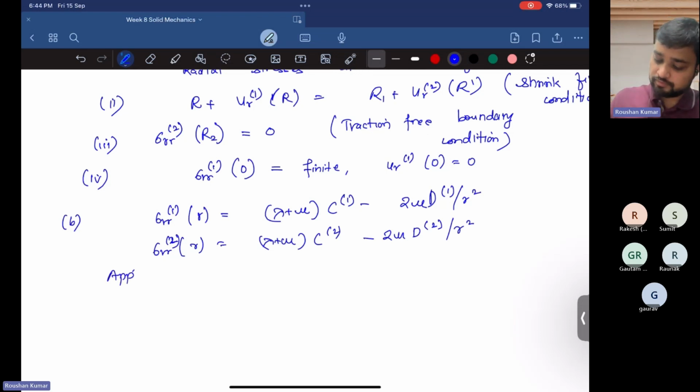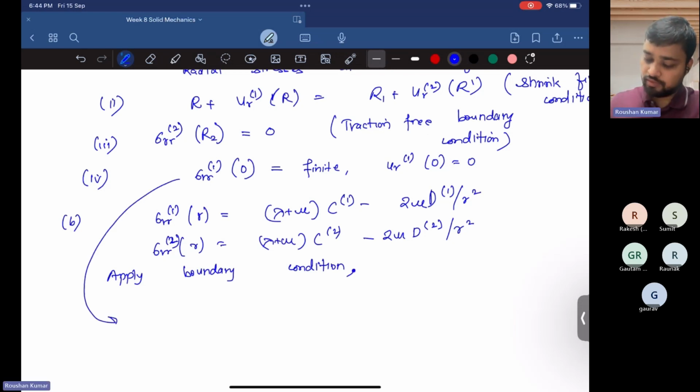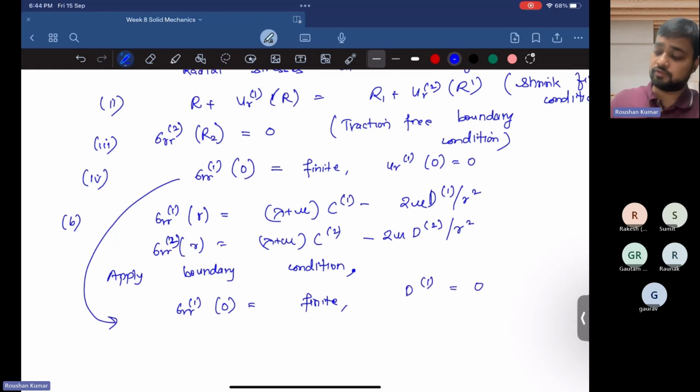Now apply the boundary conditions. On applying this boundary condition we get sigma r at 1 equal to 0 is finite. For this value to be finite, we can say that d1 equal to 0.